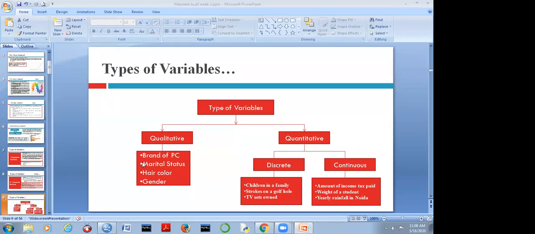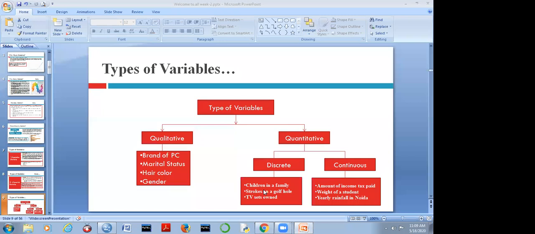We understood the qualitative. Now we go for a quantitative variable. Quantitative variable is again classified into discrete and continuous. Discrete means whole numbers, perfect numbers.